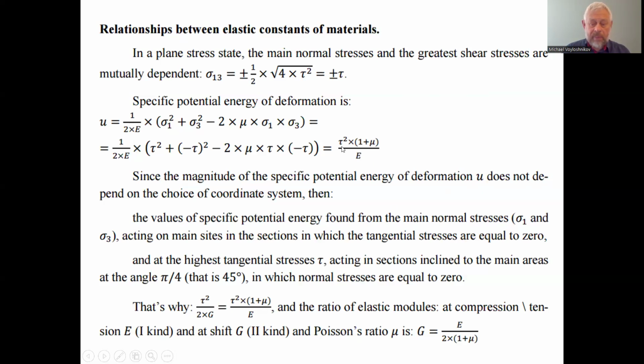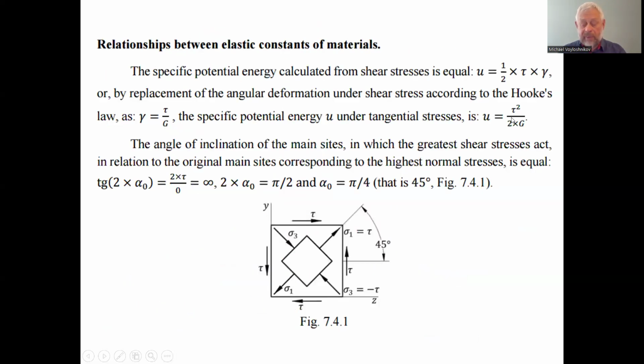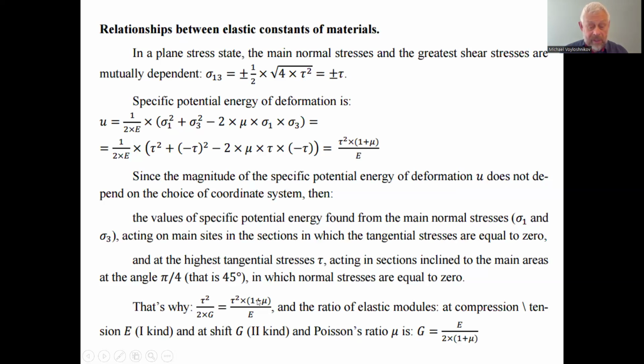When we equate these two parts, we can find that the modulus of elasticity for compression and tension E, the modulus of elasticity at a shift G, the second kind modulus of elasticity, and the Poisson ratio mu are dependent. The dependence is G equal to E divided by 2 times the bracket in the denominator, 1 plus mu.